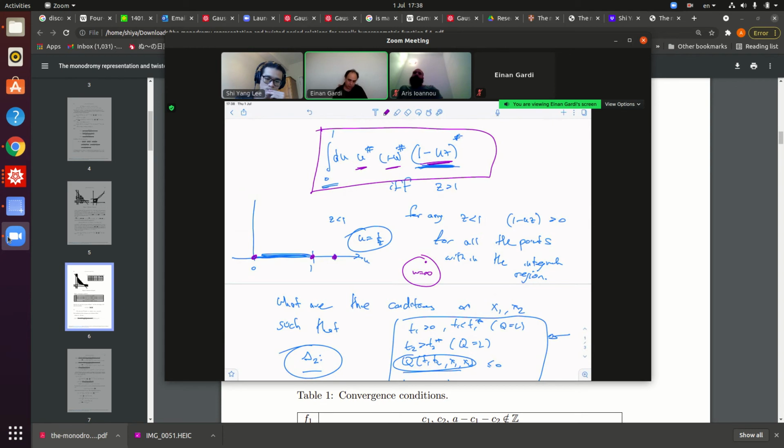So if you write this 2F1, you can integrate. This is a definition with this blue region here, right? Now, someone else can choose the branch points, say, between this and that.